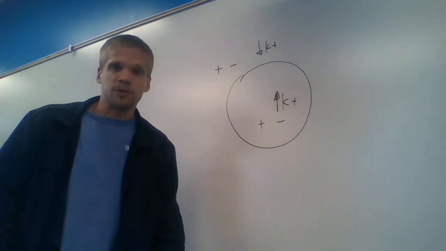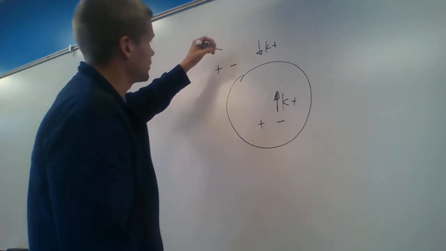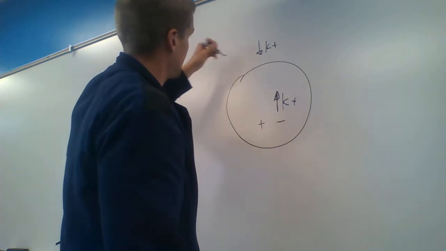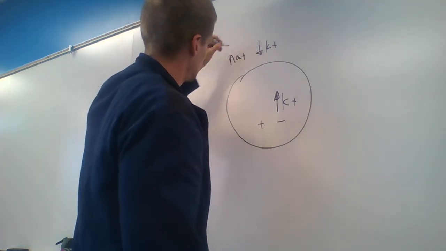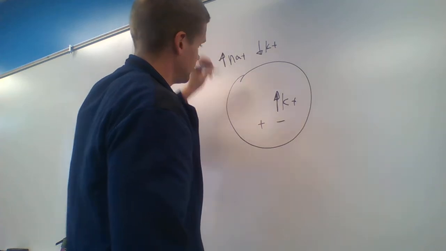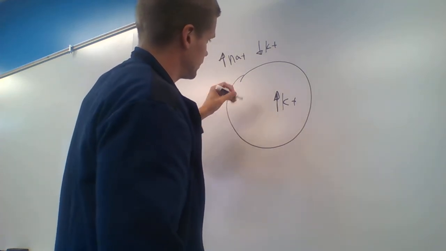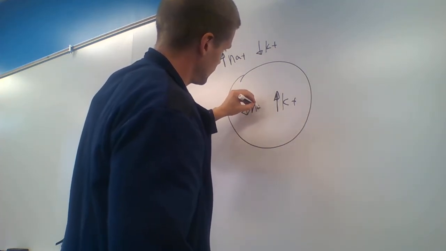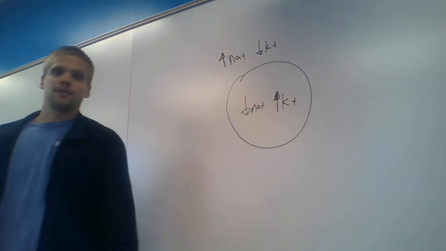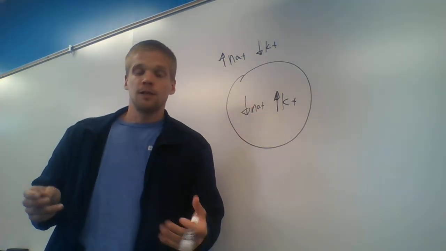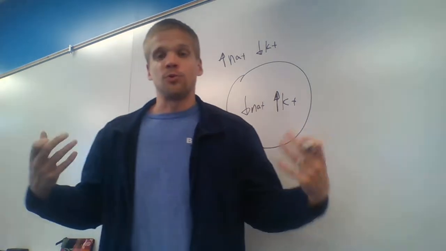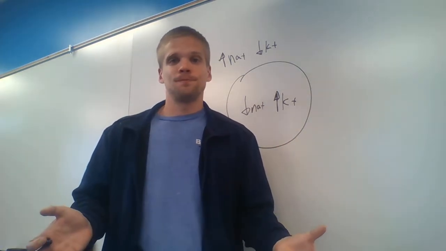And the opposite is true for sodium. There's a really high concentration of sodium ions on the outside and a really low concentration of sodium ions on the inside. Okay?